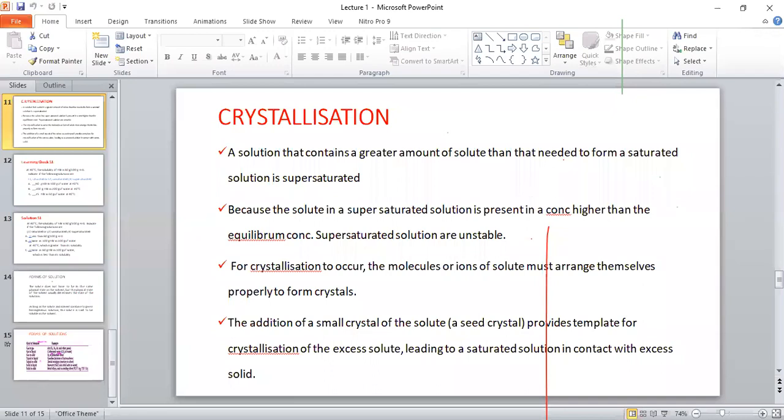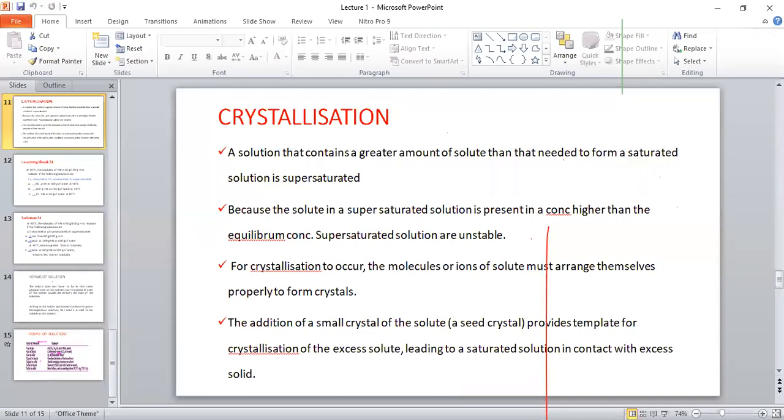For crystallization to occur, the molecules or the ions of the solute must arrange themselves properly to form crystals. In a crystal, you have a regular arrangement of the ions of the solute that are in the solution. The addition of a small crystal of the solute is like a seed, which provides a template for crystallization of the excess solute.